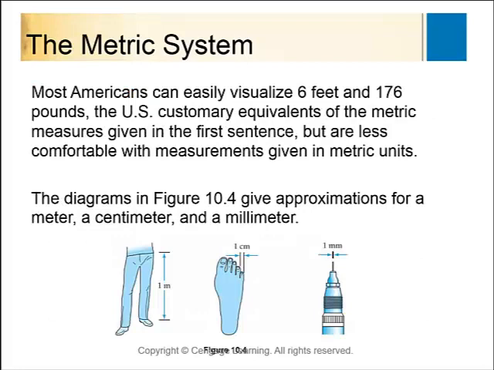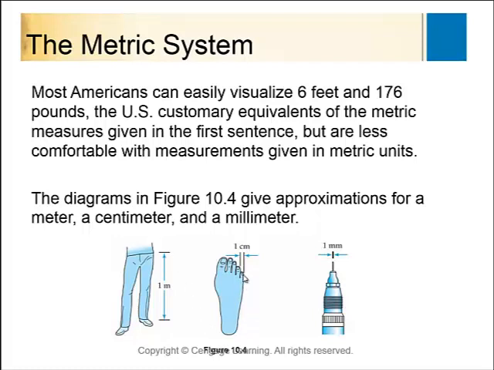Just so that we would have some idea of what these measurements look like, from the floor to about your hips would be about 1 meter. So if I said I was 3 meters tall, you should go, whoa, that's pretty tall, and I am not.